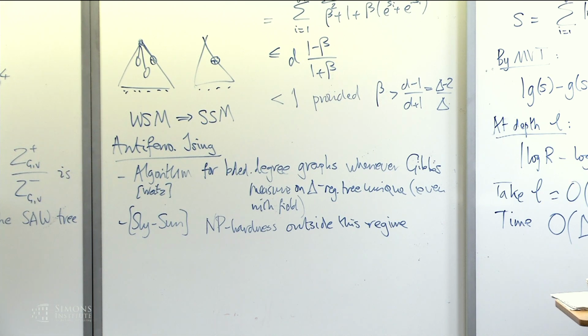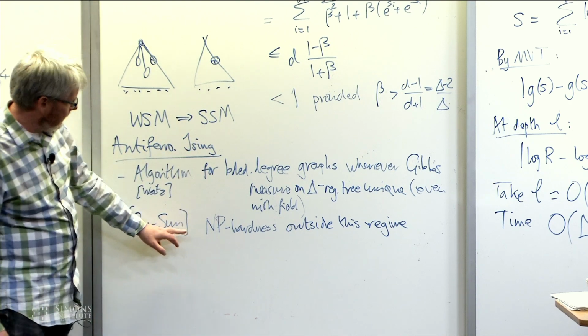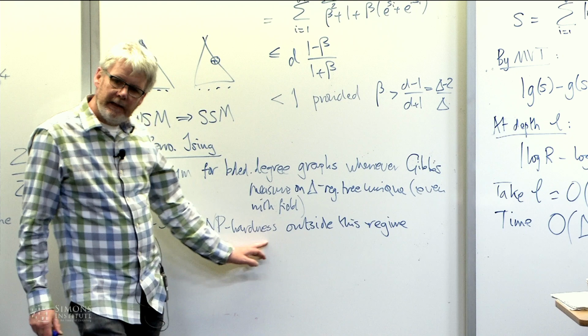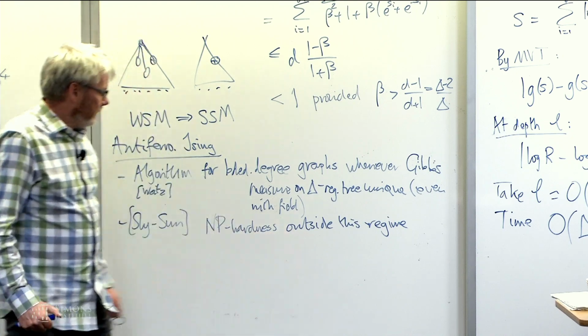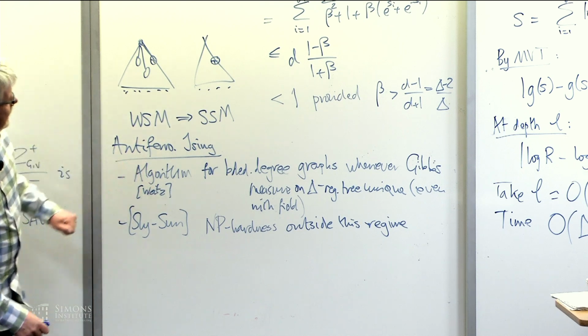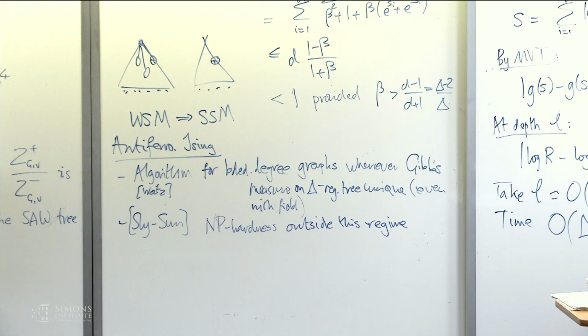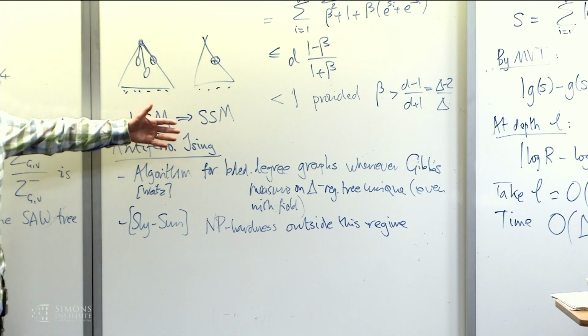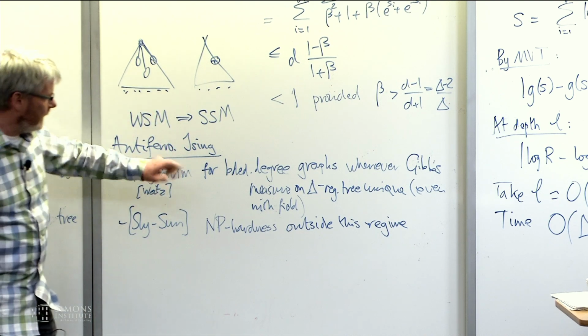Okay, so now in the ferromagnetic case we can't hope for this, because we know from the Markov chain Monte Carlo approach that we have polynomial time algorithms everywhere. On the other hand, you can't get the Weitz thing to work throughout the uniqueness regime with a field in the ferromagnetic case.